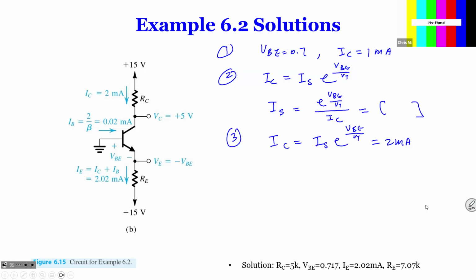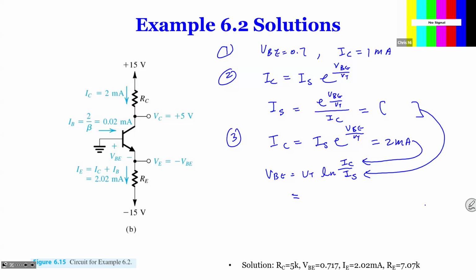In this case, you have VBE equal to VT times log of IC over IS. So IC is 2 milliamps, right? IS is here, IC is here.